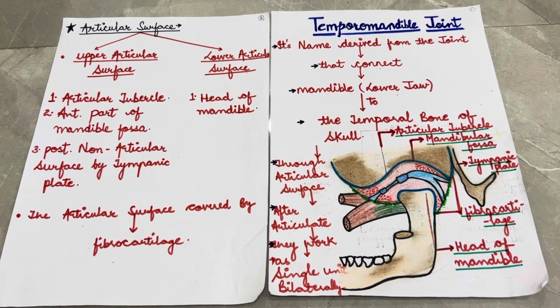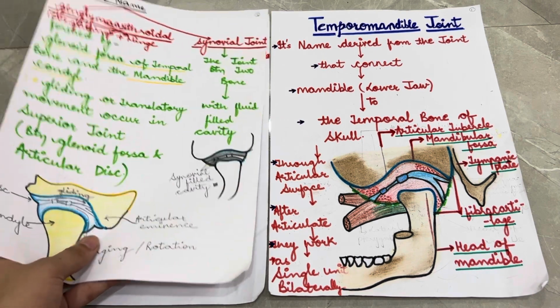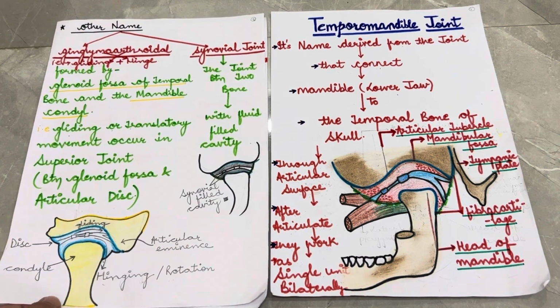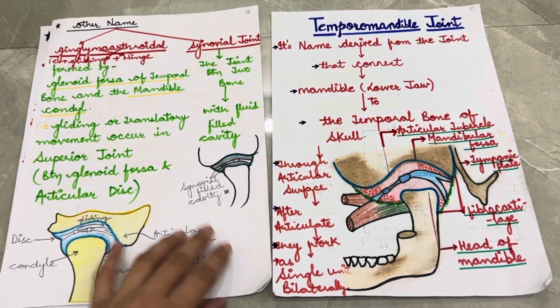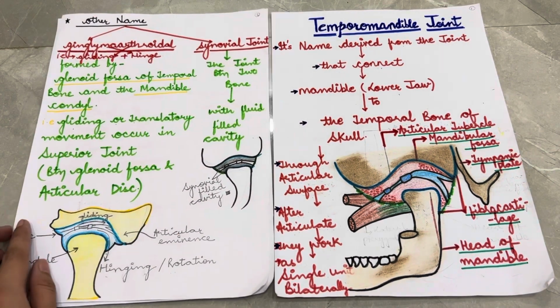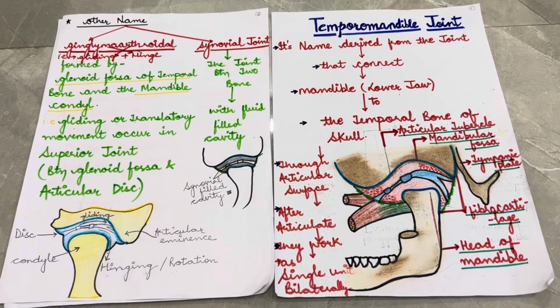The next one is the synonyms of the temporomandibular joint, or what else we can call it. It is also known as a ginglymoarthroidal joint or synovial joint.